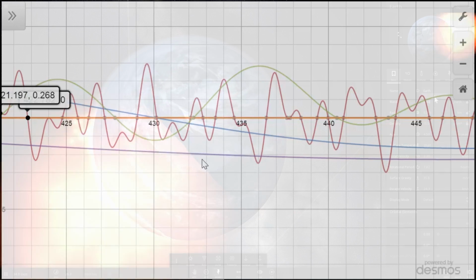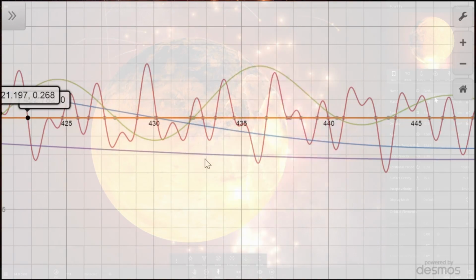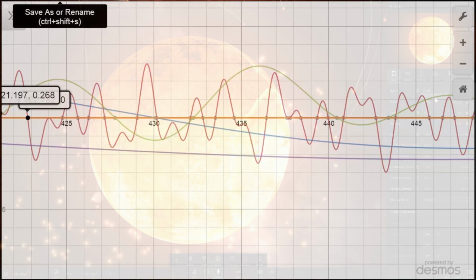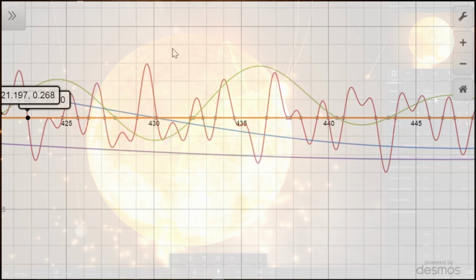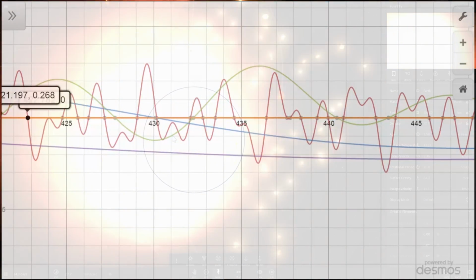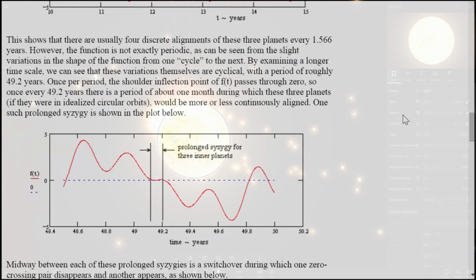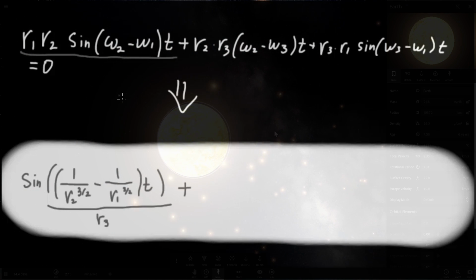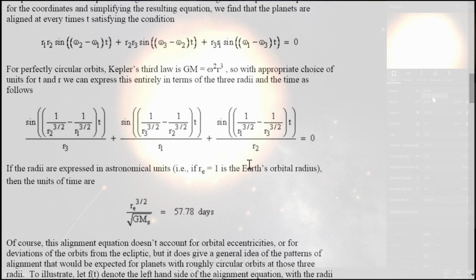Anyway, I think it's a little bit easier if you're just working with 3 or 4 planets, but if you'd like to find more than 3 or 4 planets, this is essentially what you would have to do. It's not a very easy process, but some people actually enjoy this. Hopefully now you know how to calculate planetary alignments using mathematics and using this particular formula that shows you the alignment of planets in relation to radius and also time.